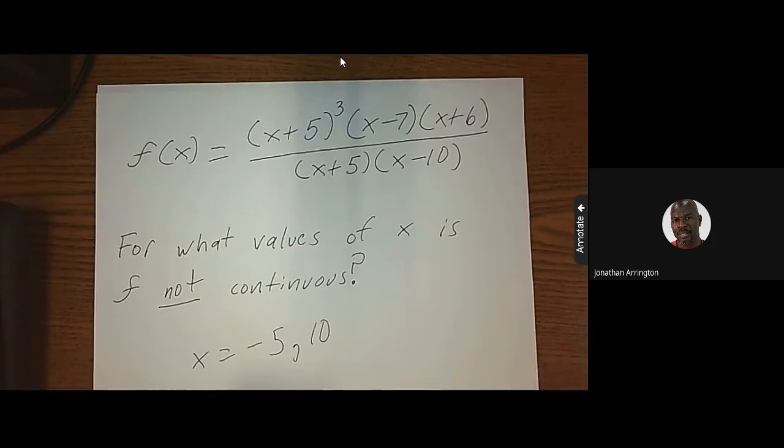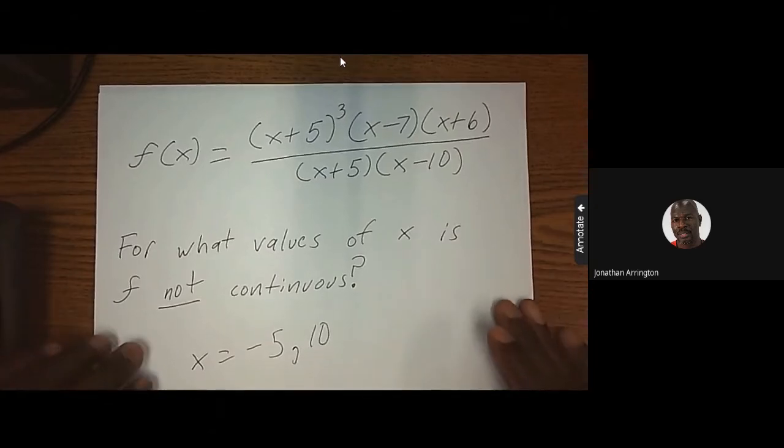Now, in the assignment, they asked a very simple question: what values of x is f not continuous. They could have asked a more specific problem, like at what values of x does a function have a removable discontinuity, or an infinite discontinuity, or a jump discontinuity?